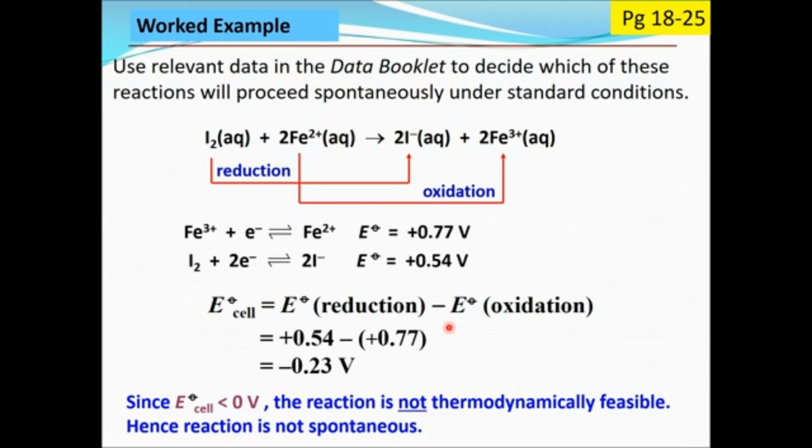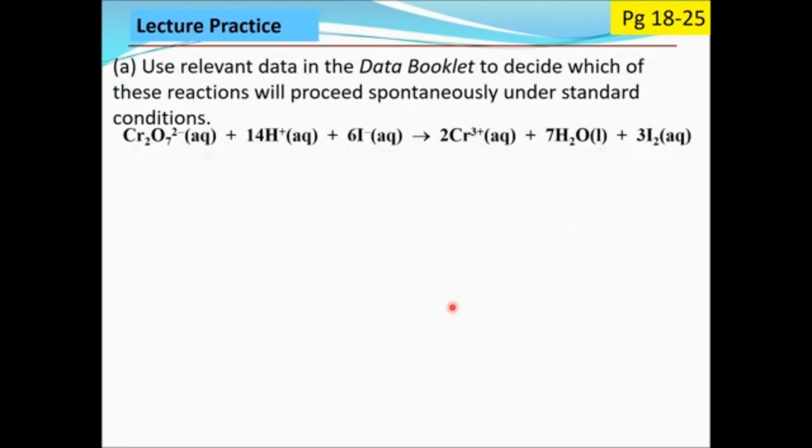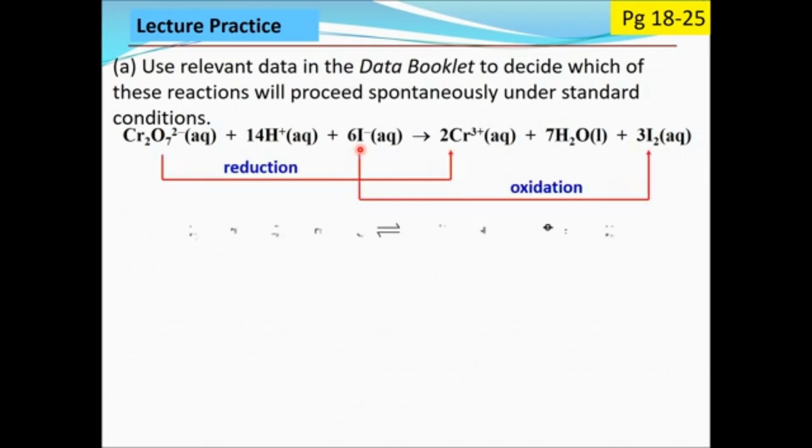Okay, let me move on to show you lecture practice 5. So lecture practice 5 in part A is a similar context here. We do have the equation already written out. You can see that the H plus here is not undergoing any redox, right? H plus to H2O, there's no hydrogen gas produced per se. And what we are considering is the dichromate and the I minus. So you have to pick out the relevant half equation as required first.